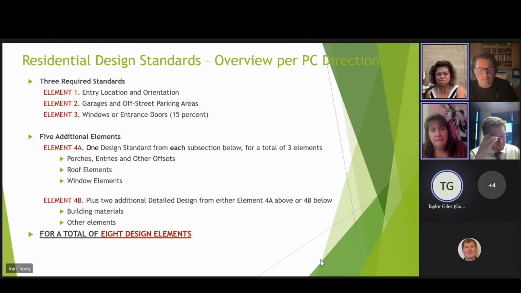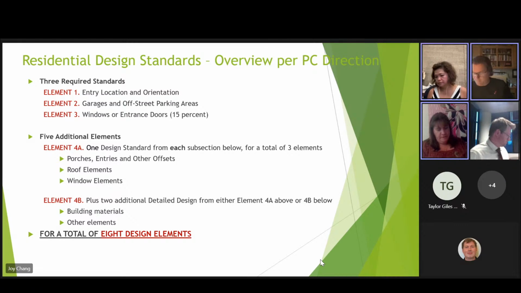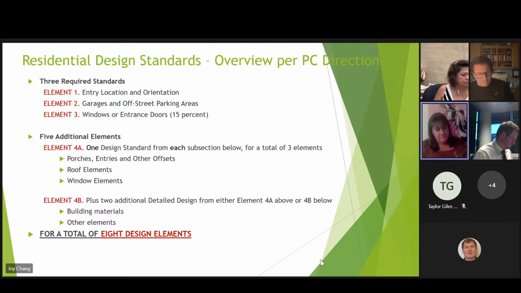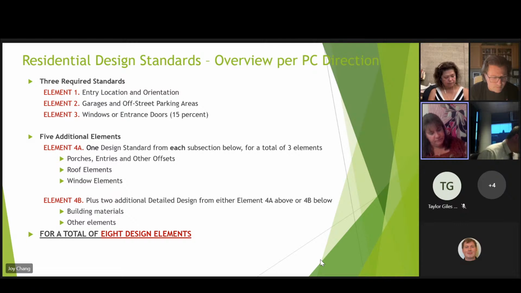Were the attendees just looking for edge cases, or are these legitimate? They're legitimate. If you go to the packet that she sent out, one of the ones that didn't pass, the door was too far back, but it had a covered awning over it. Let's see, page 21, house 2. Yeah, house 2 and house 4. If you look at house 4, front entrance standards, did it not meet it because it does have an awning over it?